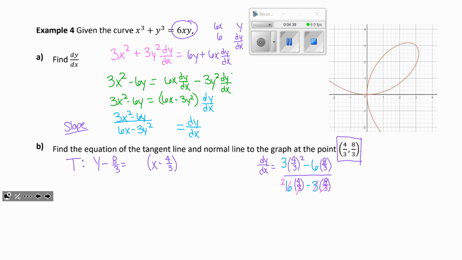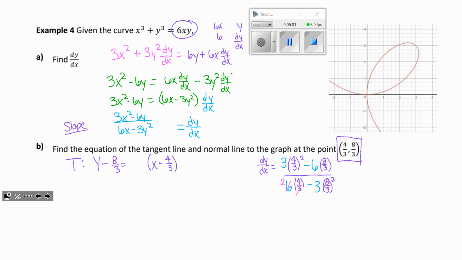Oh, I missed my y squared. That's why. That's a squared right there. I knew when I did my practice problems I did not get 0. So I have minus 3, and I have the 8/3 squared.